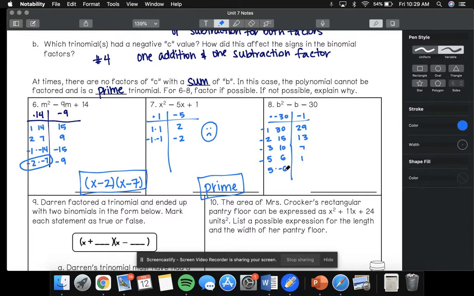Again, 5 times -6 does give -30, and when I add them together, it gets the sum that we want of -1. The more you practice, you might not even have to write out the list. You might just know that 6 and 5 make 30, and the 6 would have to be negative. You don't have to write the list as you continue to get better at this. So my factors will be x plus 5 and x minus 6.